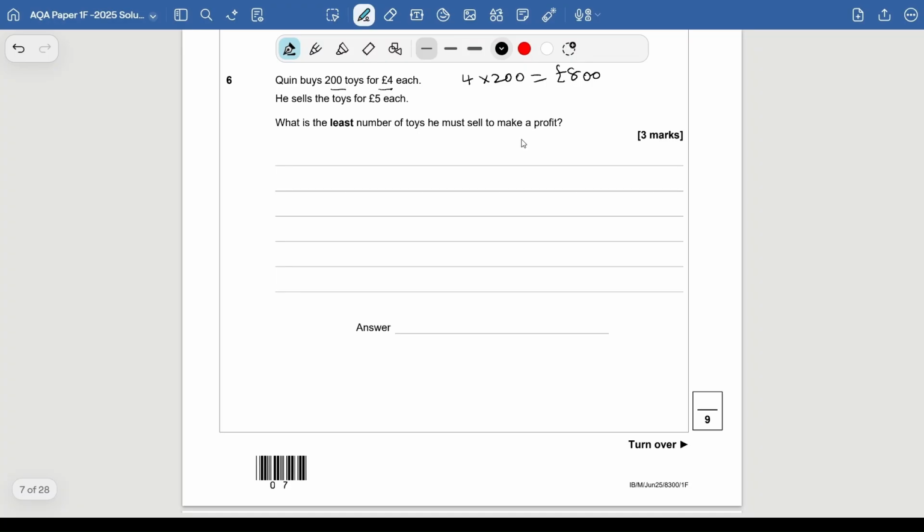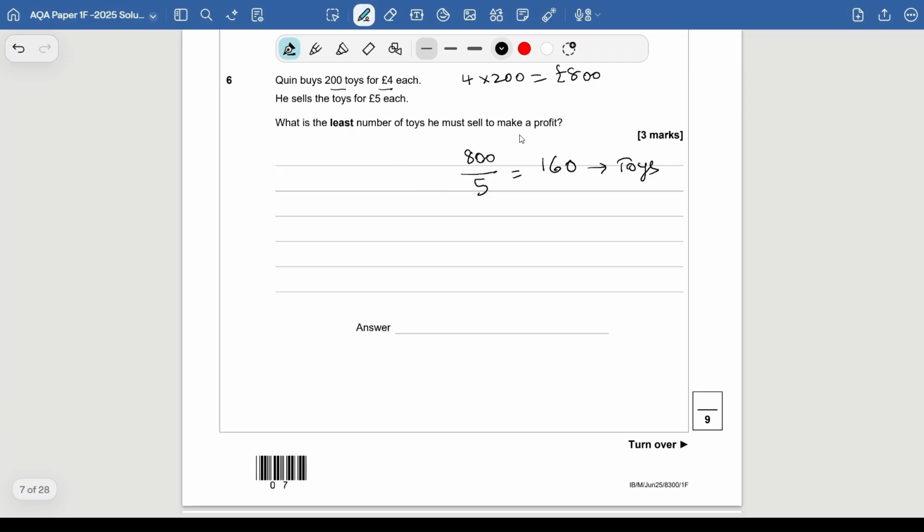So £800, right? And then he sells toys for £5 each. So if he's selling for £5, how many toys is he selling for 800? So 5 times 160 is 800. So 160 toys is being sold for £800.